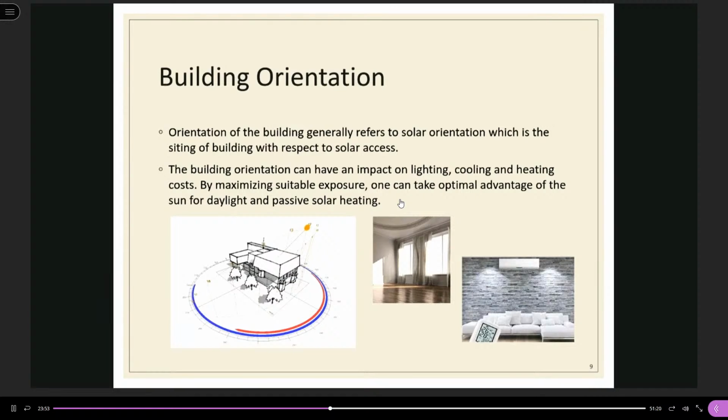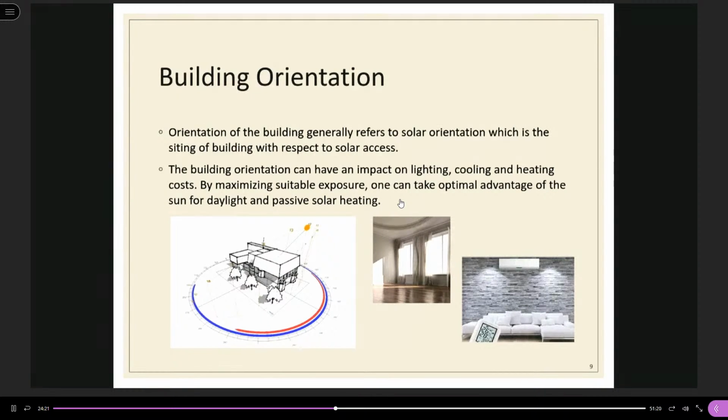Or certain orientation may give you more solar heat gain in the summer, and if so, you have to spend more on air conditioning in the summer. Okay, by maximizing suitable exposure, one can take optimal advantage of the sun for daylight and passive solar heating.